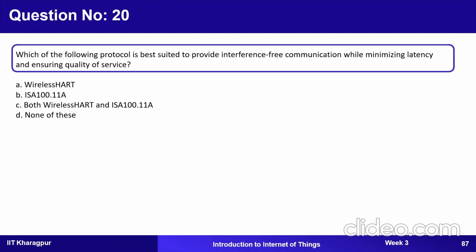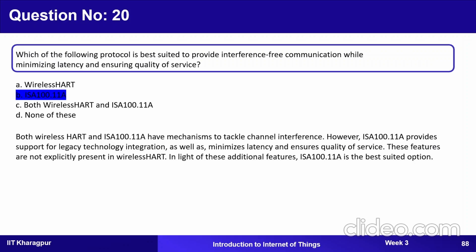Next question is, which of the following protocols is best suited to provide interference-free communication while minimizing latency and ensuring quality of service? Options are wireless HART, ISA 100.11a, both wireless HART and ISA 100.11a, none of these. So the correct option for this question is ISA 100.11a. So basically both wireless HART and ISA 100.11a have the mechanism to tackle channel interference.